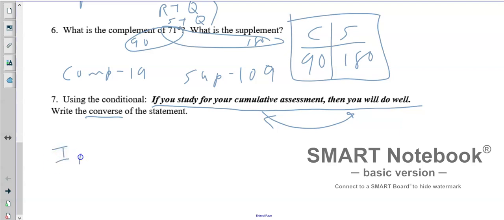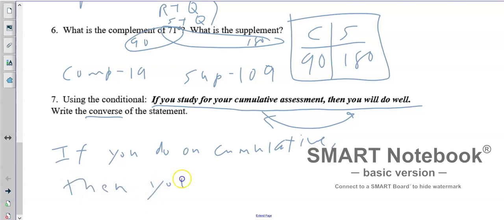If you do, or maybe did well on the cumulative, then you studied. So changing the tense might make it make a little bit more sense. If you did well in the cumulative, then you studied. Not for sure, but most likely.